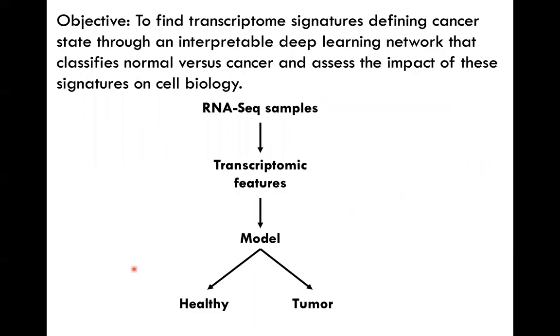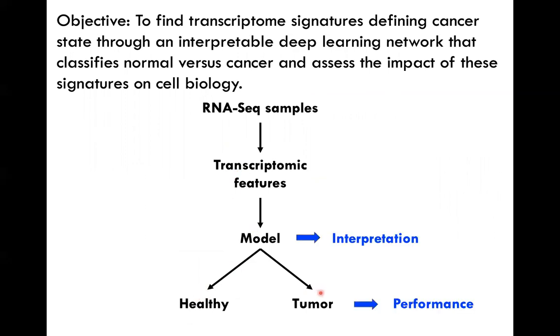The objective here is to find transcriptome signatures defining cancer state through an interpretable deep learning network that classifies normal versus cancer and assess the impact of these signatures on cell biology. At the high level, what we did was to take a large number of RNA-seq samples, quantify transcriptomic features, train a model that classifies samples between healthy and tumor.